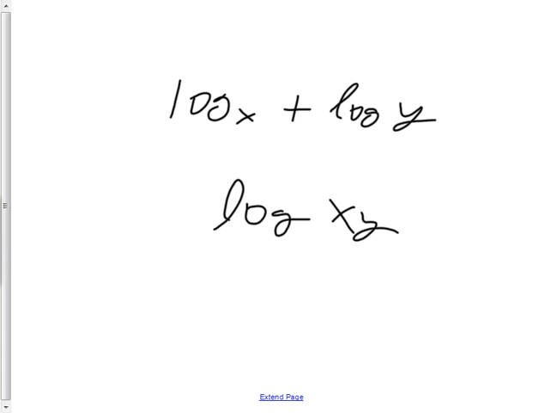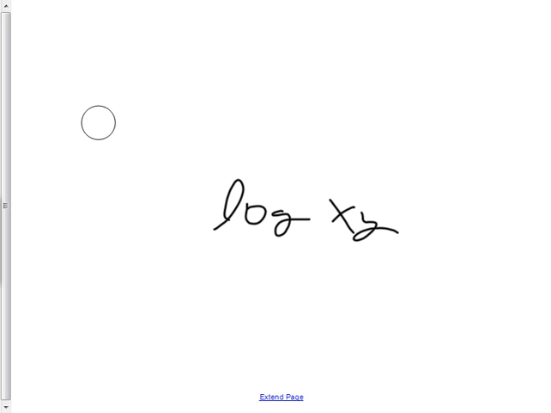Or it could be an expand problem, where they give you this, log xy, and you have to expand it out to log x plus log y. Now they get a little more intense, like x squared y over p, but okay, divide means it's a big subtract problem.